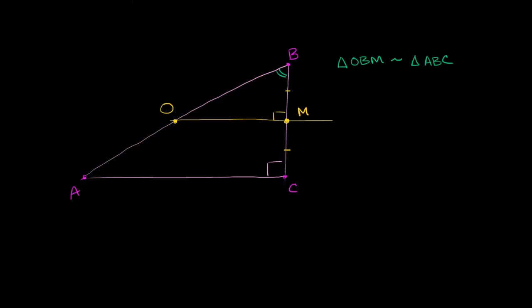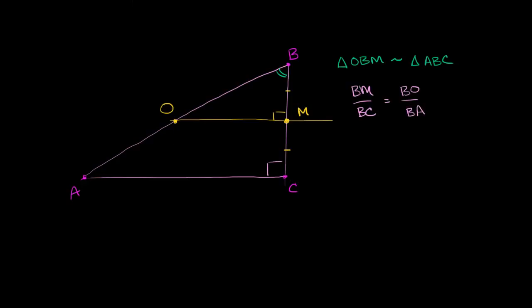So for example, we know that the ratio between BM and BC, the ratio of this side on the smaller triangle to the corresponding side on the larger triangle, is going to be the same as the ratio of the hypotenuse on the smaller triangle, BO, to the hypotenuse of the larger triangle, BA, because they are similar.